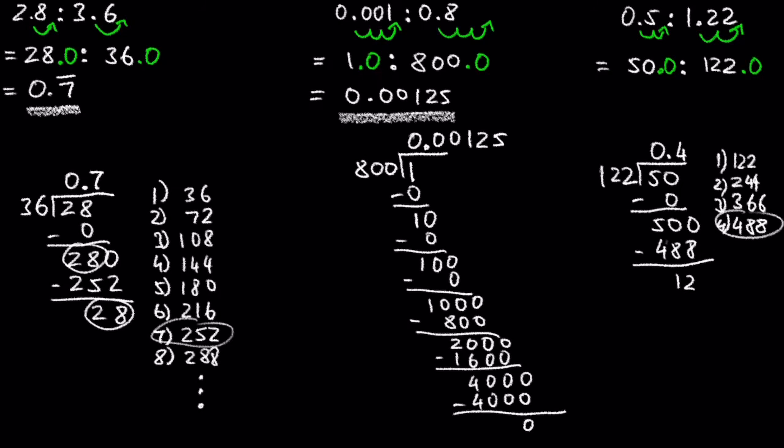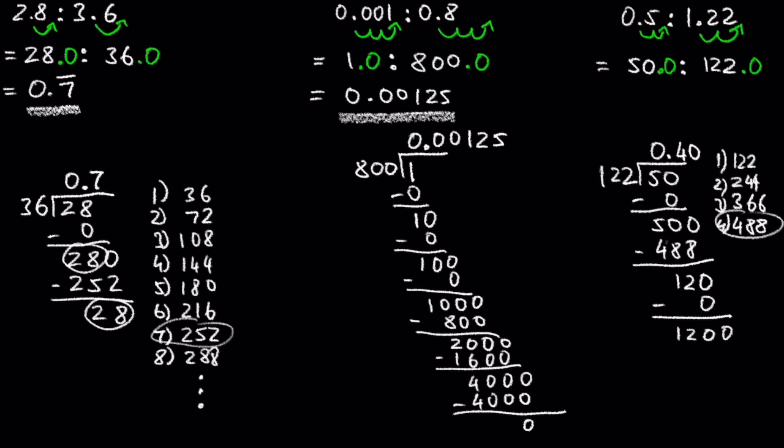Bring down the 0. 122 goes into 120 0 times. 0 times 122 is 0. Subtract 0 from 120 and we get 120. Bring down the 0. 122 goes into 1200.